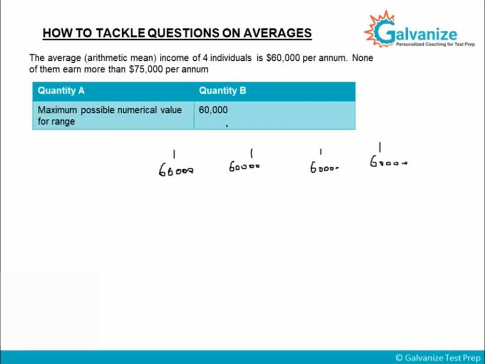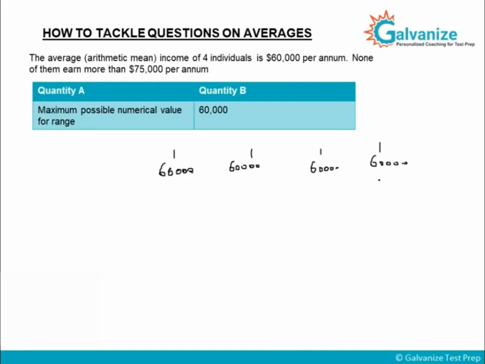But then I need to find out the maximum possible value of range. Range is maximum value minus the minimum value. Range becomes maximum when the maximum value is really the highest value and the smallest value is really the lowest value. What is the highest value that it can go? The income can go up to 75,000.